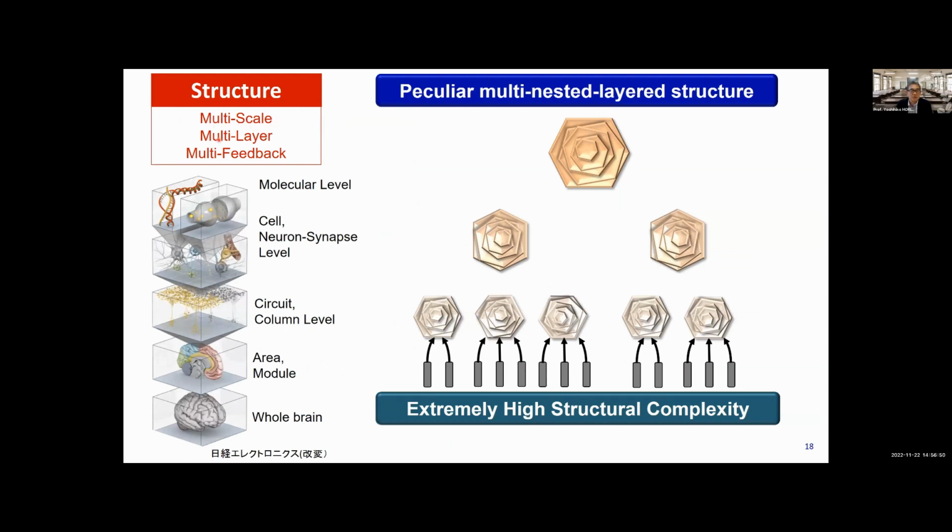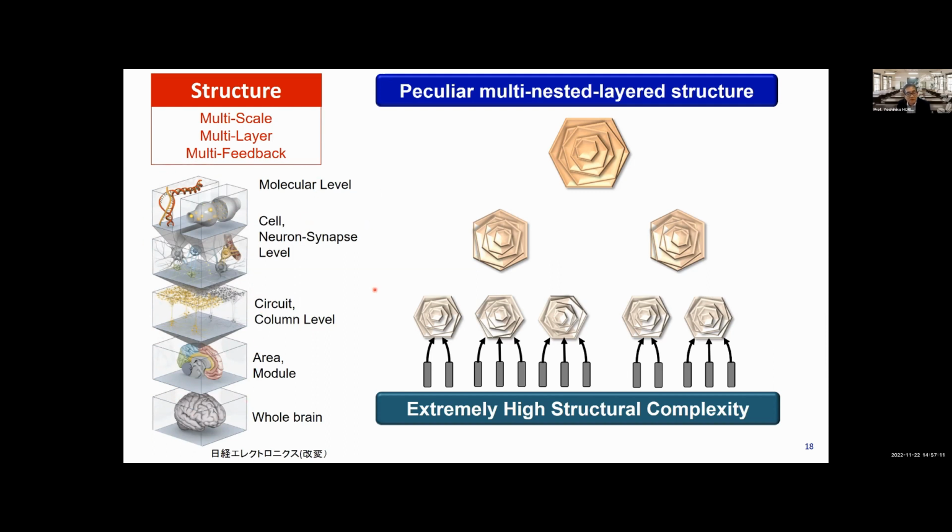Actually, this is multi-scale, multi-layer, multi-feedback structure. If you look at the brain in some levels, you can find that multi-scale, multi-layer, multi-feedback structure in every level of the brain. So this is one structural feature.